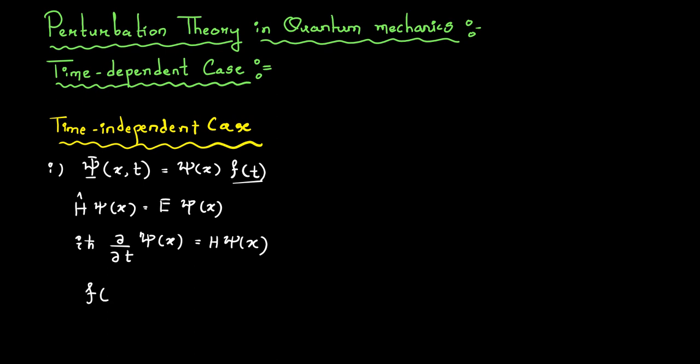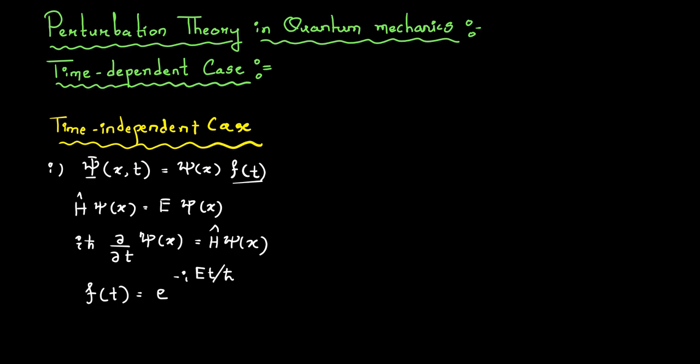It looks like e to the power minus i E t by h cross. When the H operator acts on the wave function, you get E.